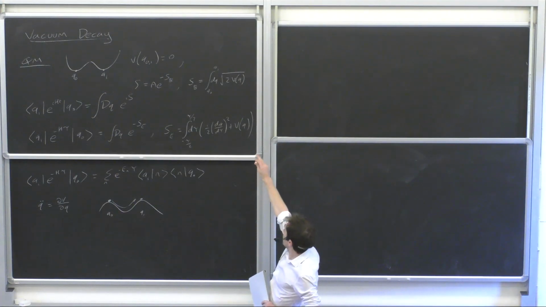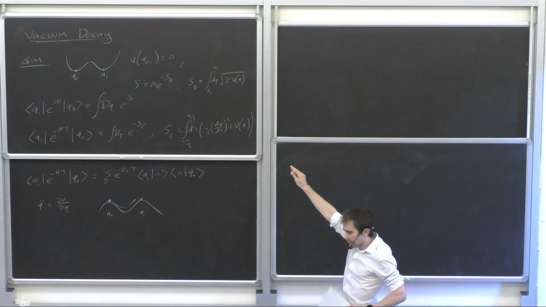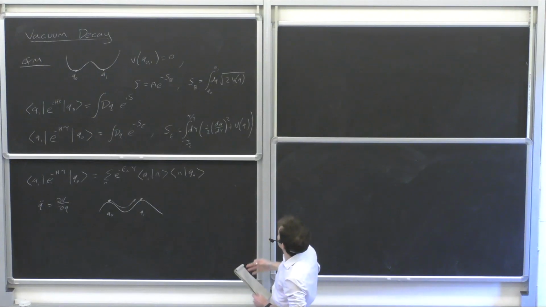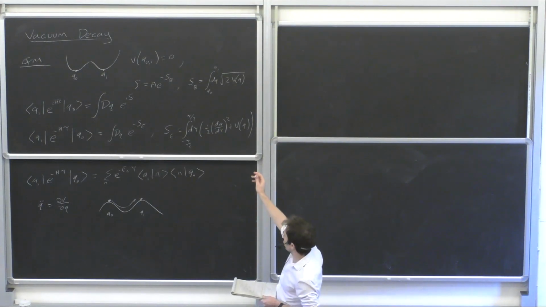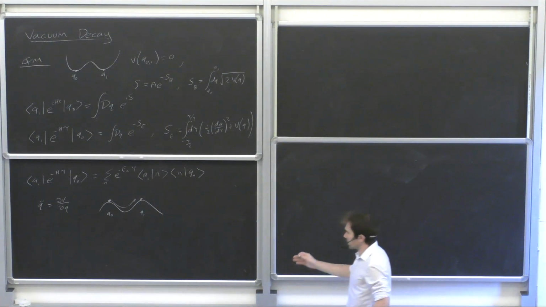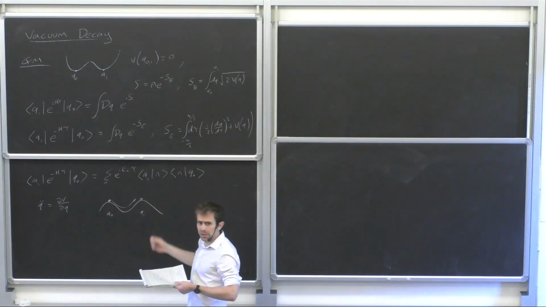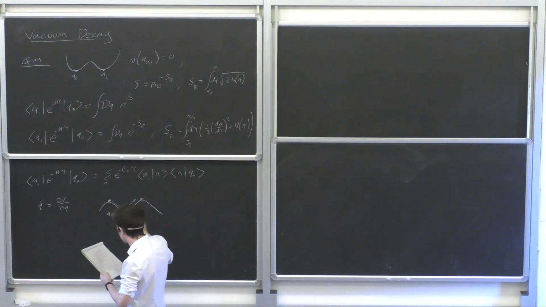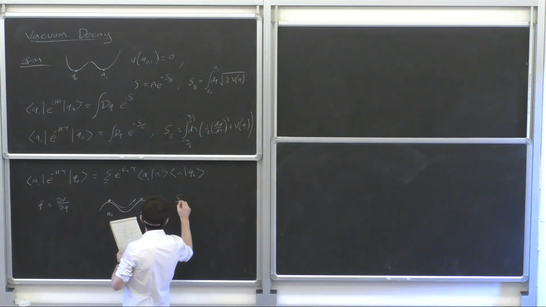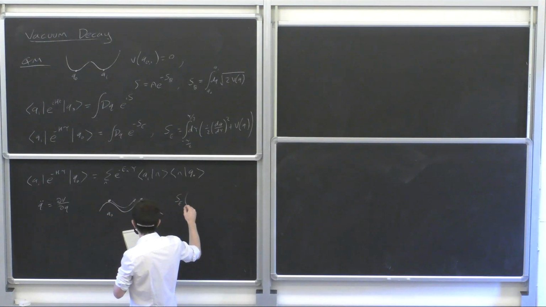Then it's immediately obvious why the action of the associated tunneling, once we go back to real time, matches the form of the domain wall solution, because this was exactly the kind of calculation we did to calculate the domain wall mass. We have the Euclidean action of this trajectory.